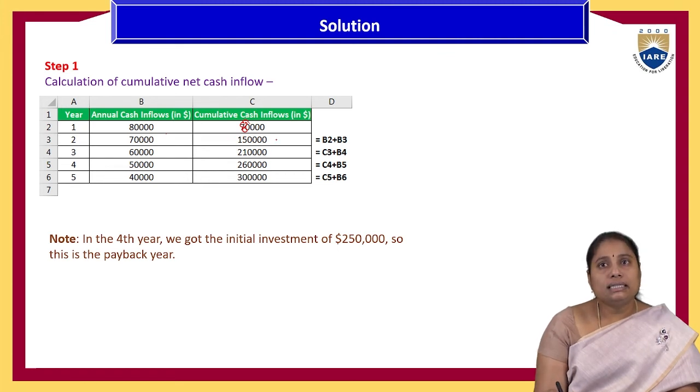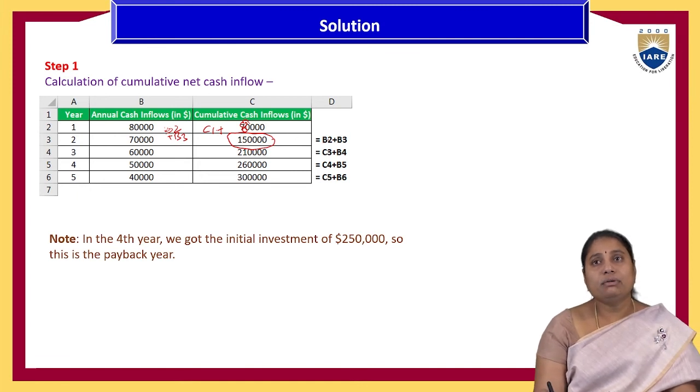And this particular address will be the combination of C1 plus B2, or you can use C2 plus B3.